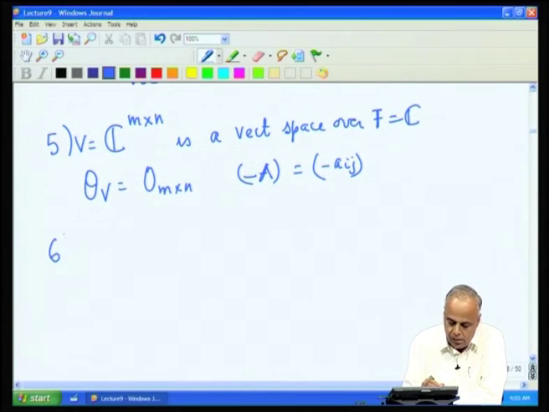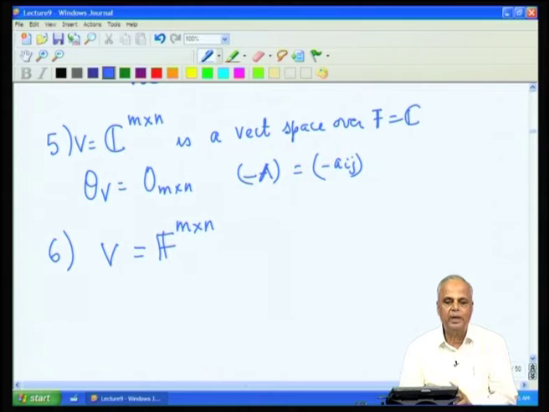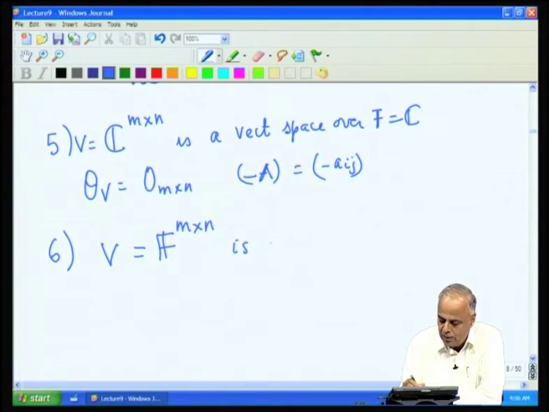In general, we can take any field F and look at all m by n matrices whose entries are from the field F. We could have taken Z2. So, we will be talking about binary matrices, matrices whose entries are only 0 and 1. So, we take any field F, consider all m by n matrices over F, and then this is a vector space over F.